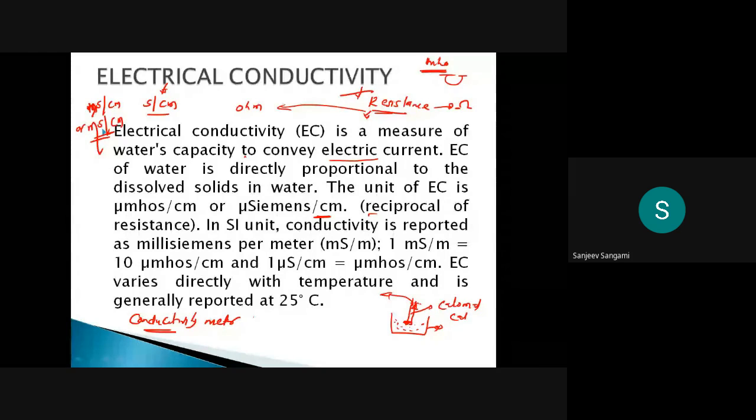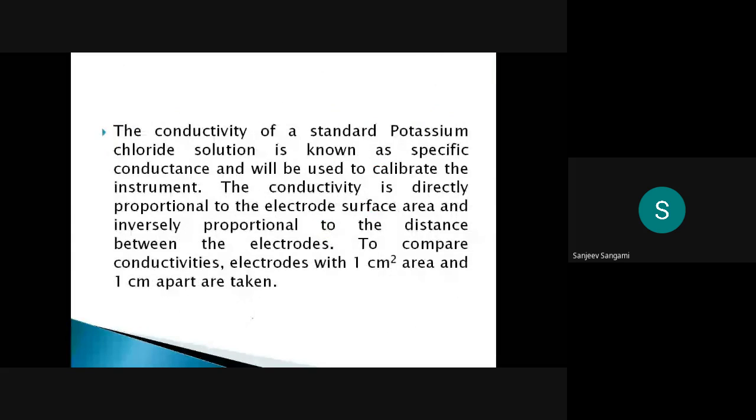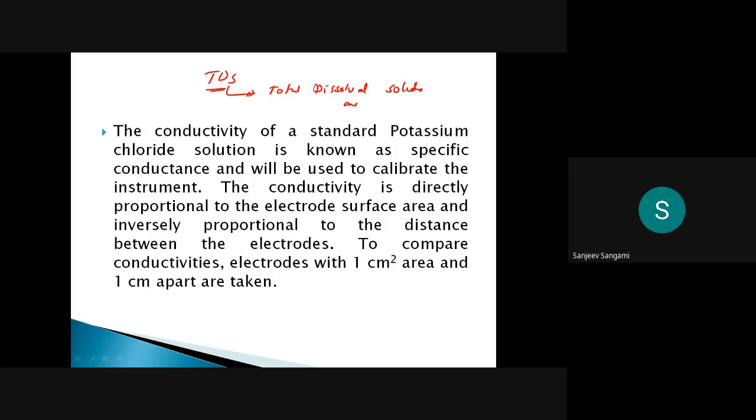Then what ions are responsible for this electrical conductivity? Normally, total dissolved solids are responsible for conduction. For example, sodium chloride.